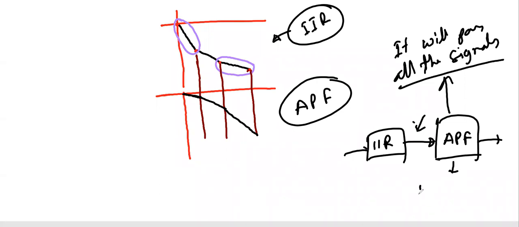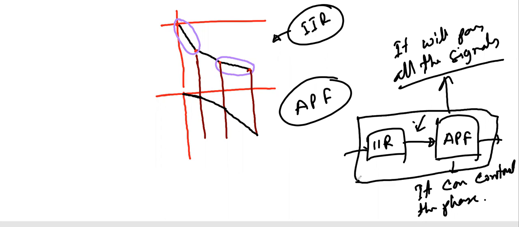However, it can control the phase, and that is the most significant part of this kind of filter. And this is how we can control our overall signal processing. Whenever we need to design, we need to take advantage of the IIR type filter.